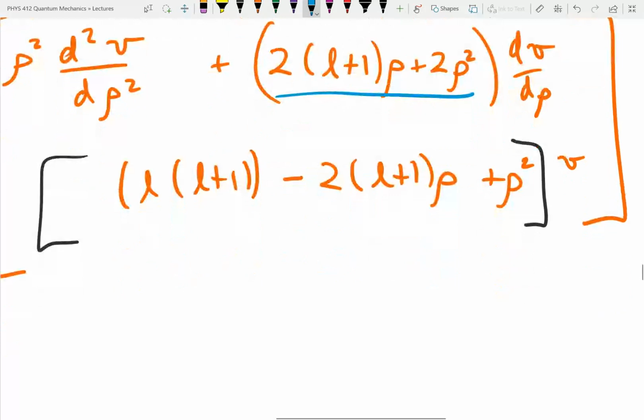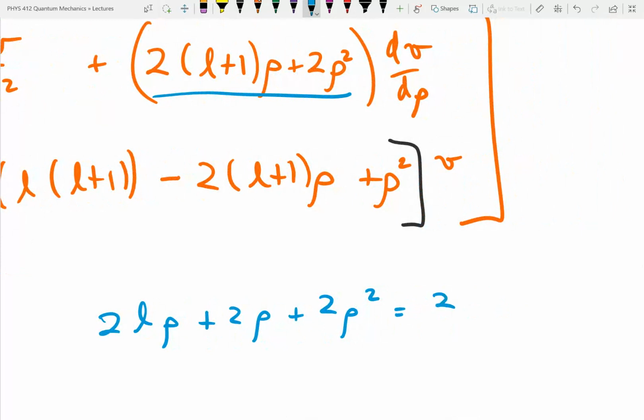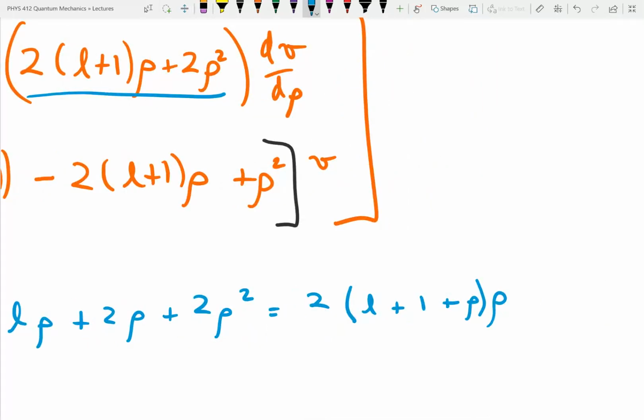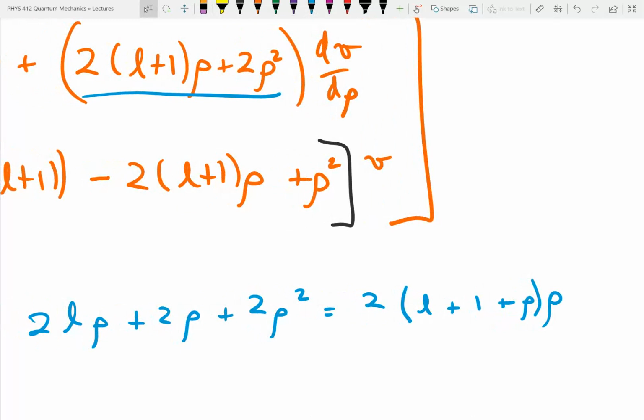And so if I multiply that through, they don't, first derivative, yeah. So they put it like that. And so you can see that is the middle term in their equation, 2 parentheses L plus 1.